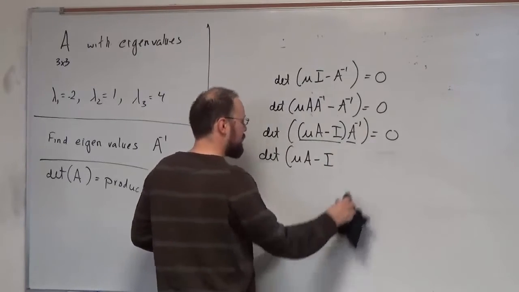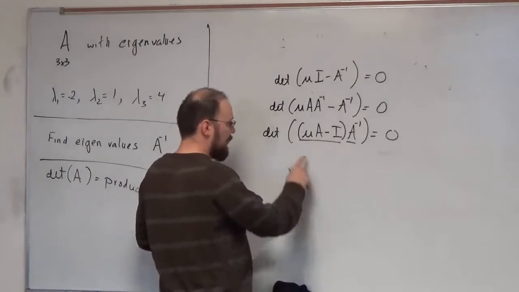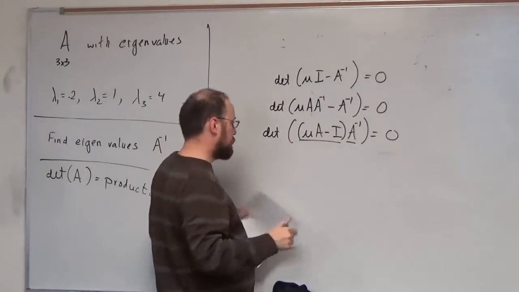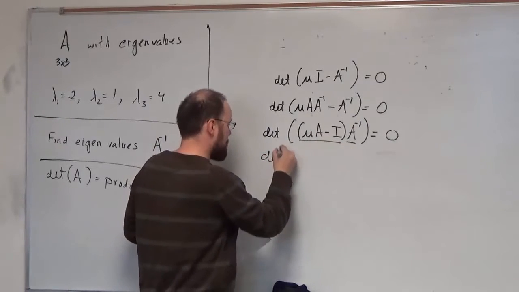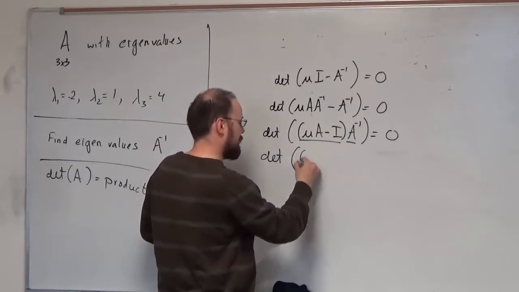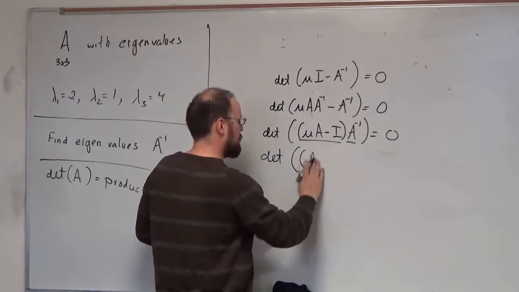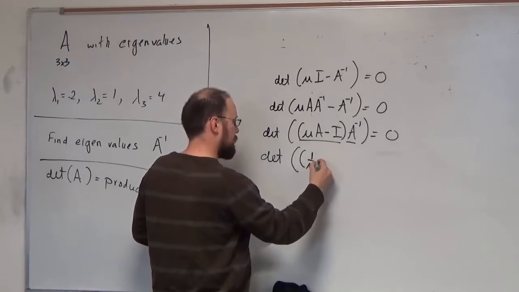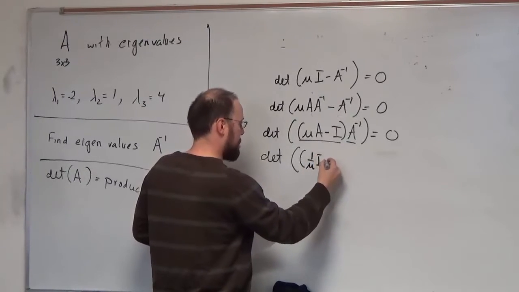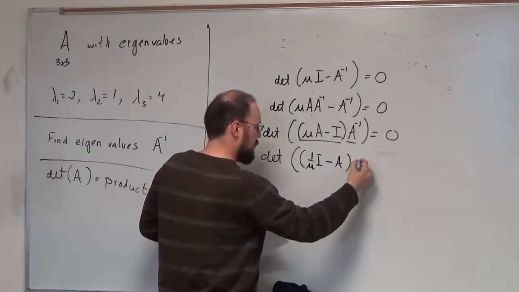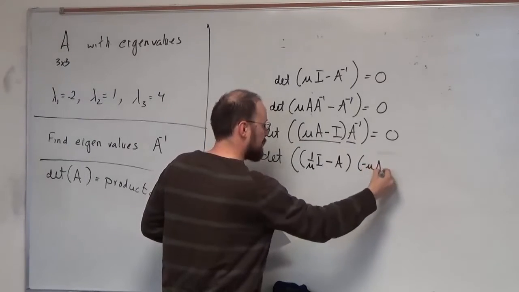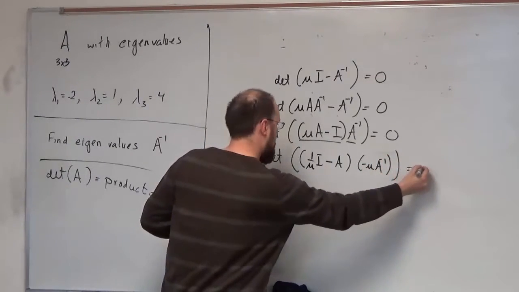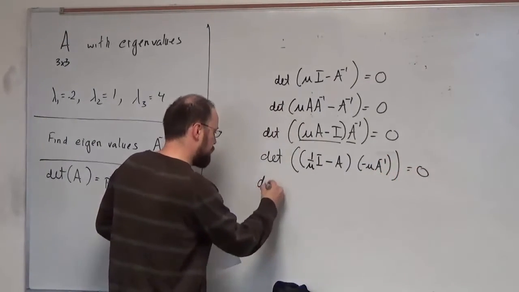Let me factor out a mu, a negative mu, just to make it clear. So you get negative mu times 1 over mu I minus A, times A inverse. And then use properties of determinants.